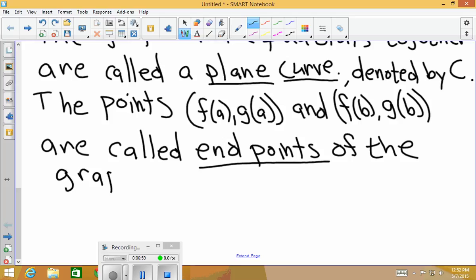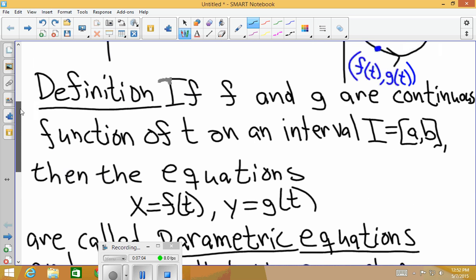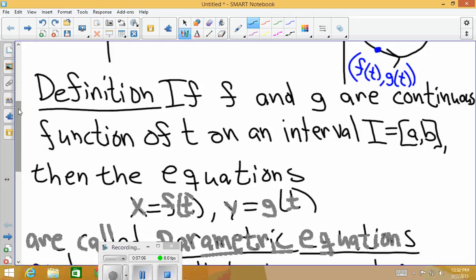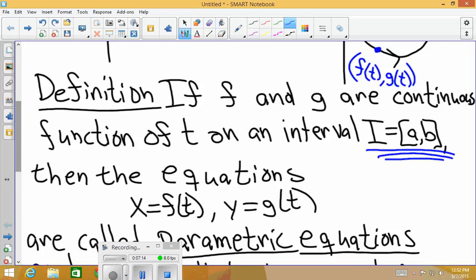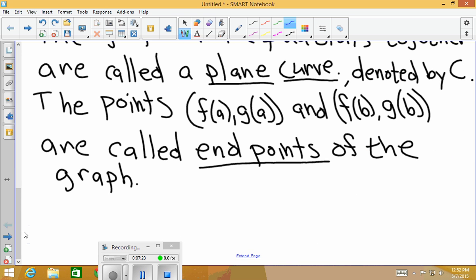Remember that A and B are the bounds on our interval I, where these curves obtain their parameters. So t ranges in this interval from A to B, and if we put A into f and g and get a point, and we put B into f of t and g of t and get another point, those are called the endpoints of the graph.